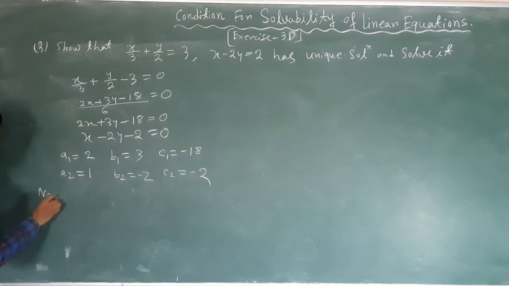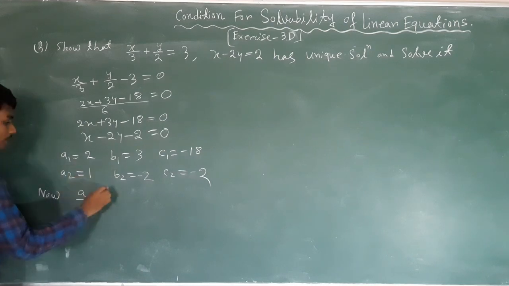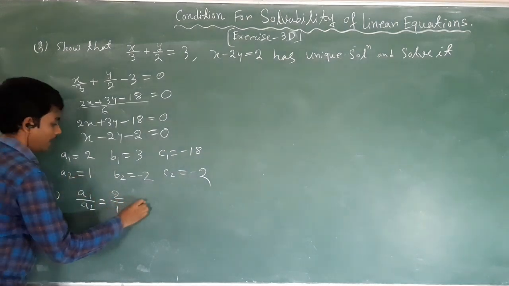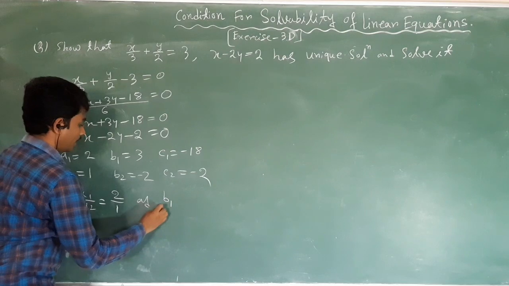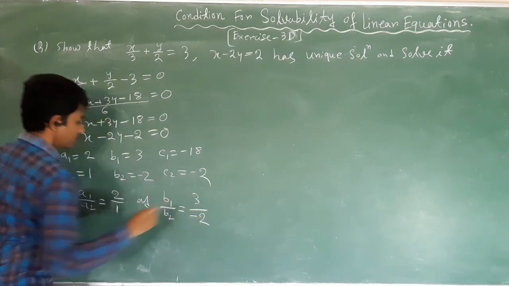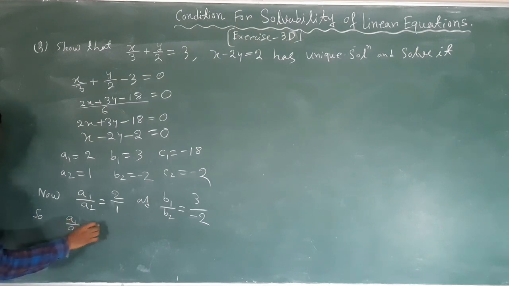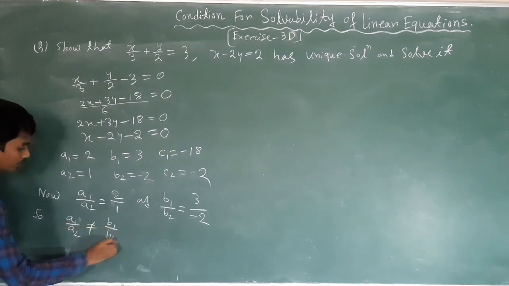Now a1 upon a2 is equal to 2 upon 1 and b1 upon b2 is equal to 3 upon minus 2. Hence a1 upon a2 is not equal to b1 upon b2.